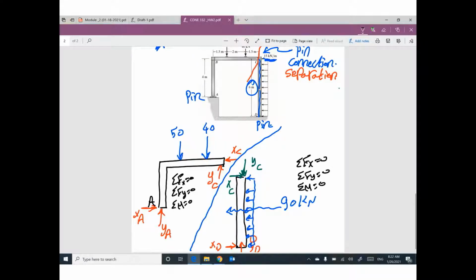Set up your equations. Probably you have equations here that can be solved with equations here to find your unknowns. You need to set up your equations for the first part, equations for the second part, and finally solve them together to find the unknowns.